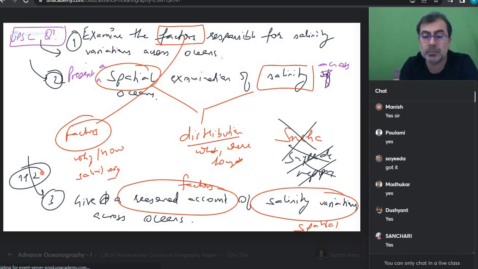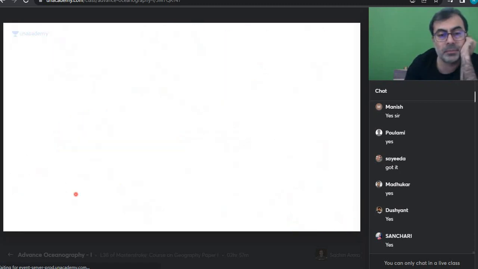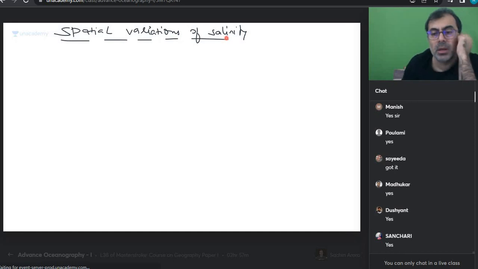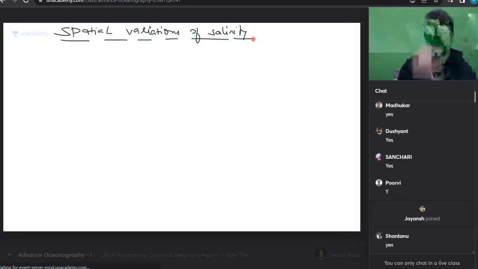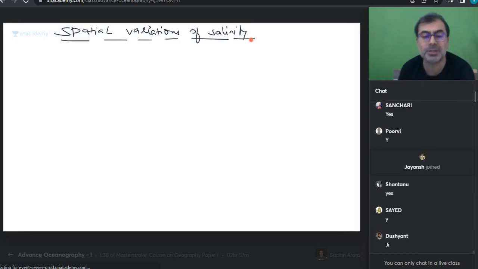Okay with this? अब हम किस पर आ गए? देख लें, फैक्टर्स पता चल गए सबको. Are the factors known or not? So the factors are also known. Now we are looking at the spatial variation.